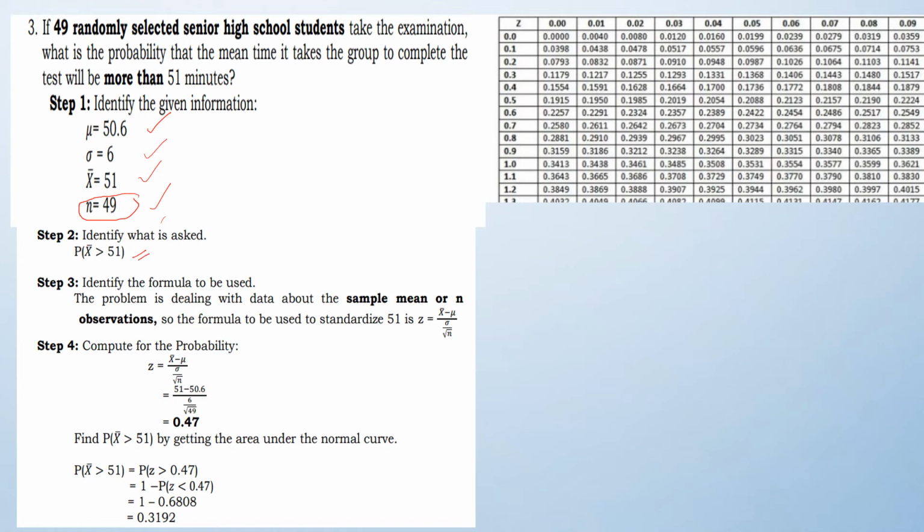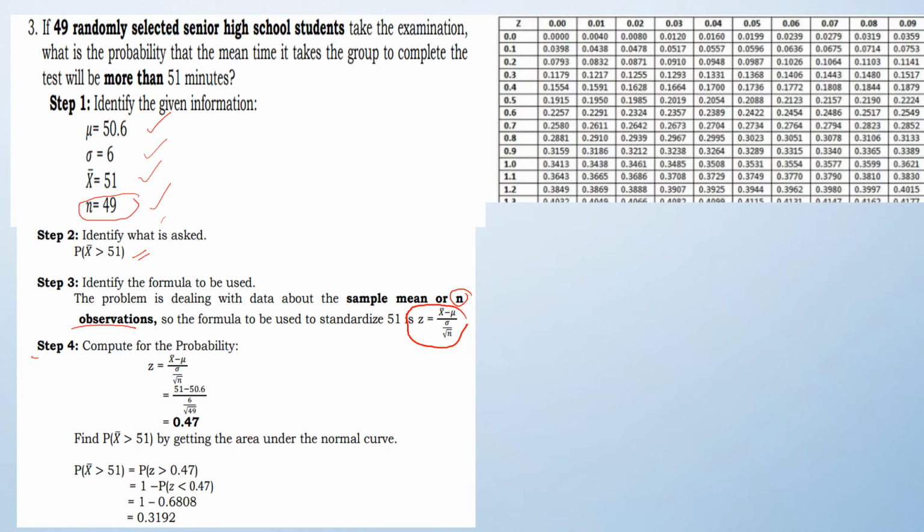So, sa step 3, identify the formula. Since the problem is dealing with data about the sample mean or n observations, the formula is z equals sample mean minus population mean divided by the standard deviation over the square root of n.